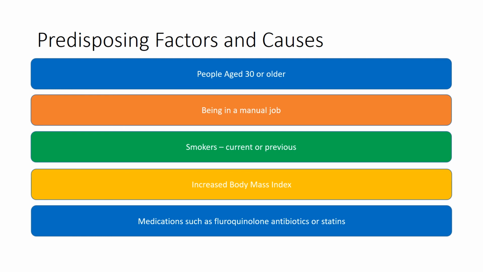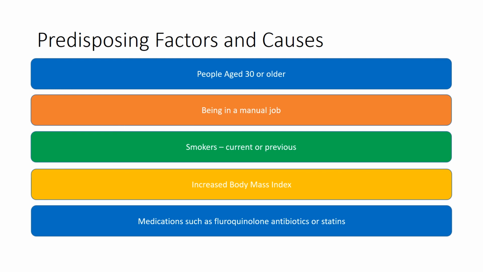So here are some risk factors that put you at a higher risk of developing tennis elbow within your lifetime. Being aged 30 or older. Being in a manual job, for example, doing a job that involves lifting or repetitive movements. Being a current or previous smoker.